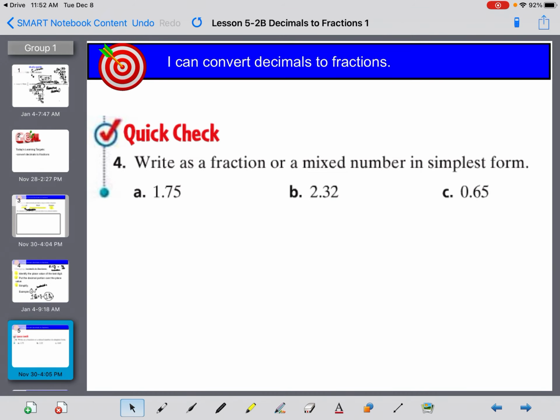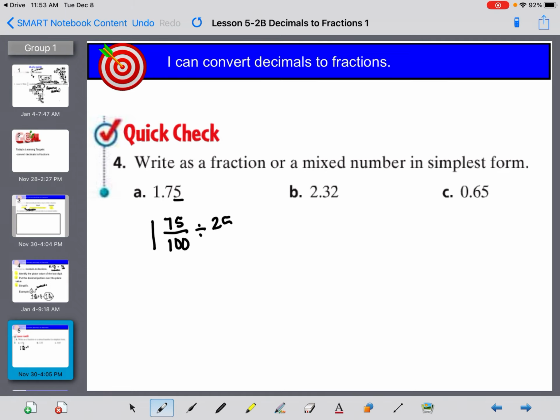Let's do another couple to practice. Write each decimal as a fraction or a mixed number in simplest form. The first one is 1 and 75 hundredths. I identify the place value of the 5. In this case, it's 100. 1 75 over 100. Then I reduce the fraction.